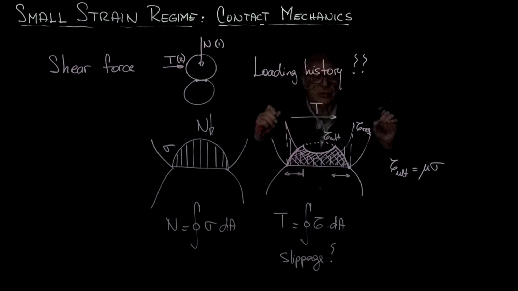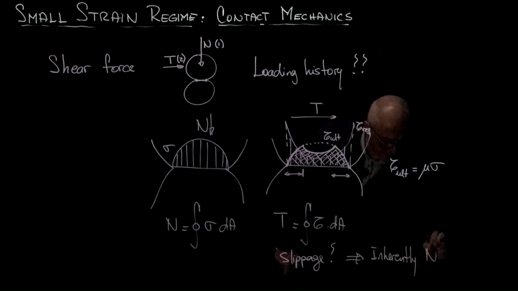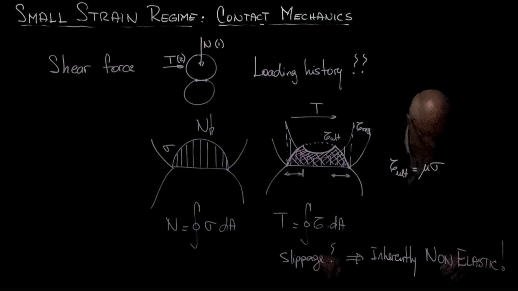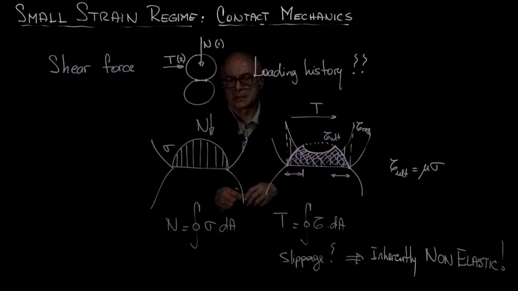That means that there will be slippage at contacts, and because there is slippage, whenever you push a body over a surface and you stop pushing, it doesn't come back. That means that all contacts are inherently non-elastic. This is a very important conclusion, folks.